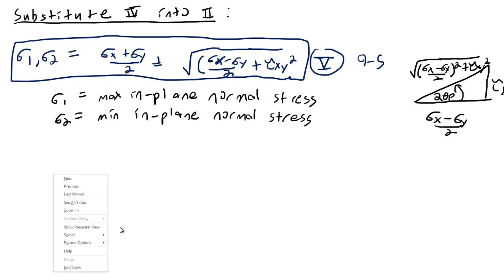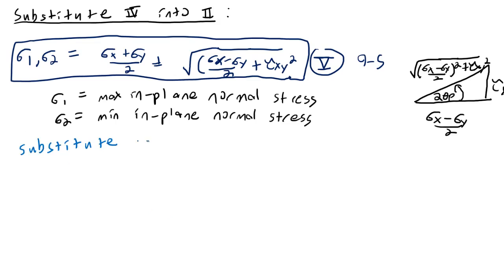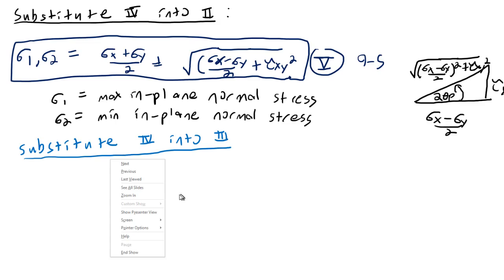Next, if we substitute 4 into 3, if you work through that, you actually find that on the principal planes, tau x prime y prime is equal to 0.